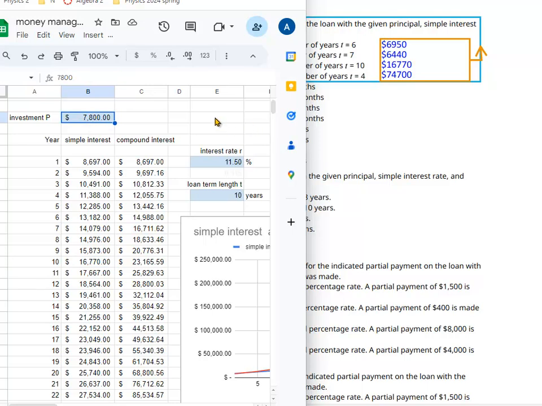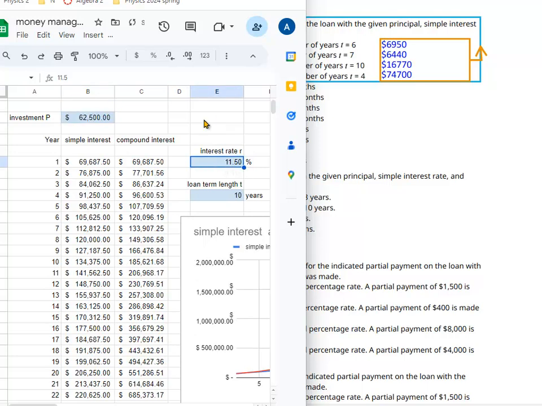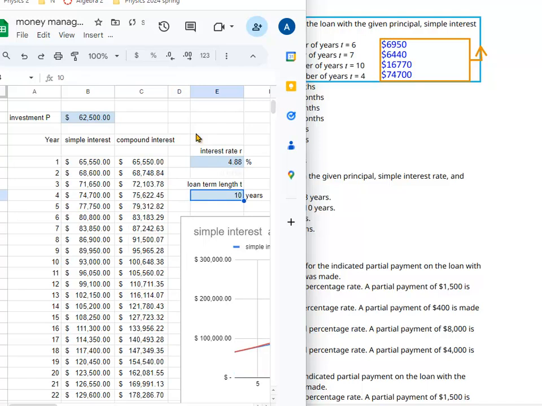And the last one that I want to do here for simple interest is 62,500, 4.88%, 4 years, and there it is.